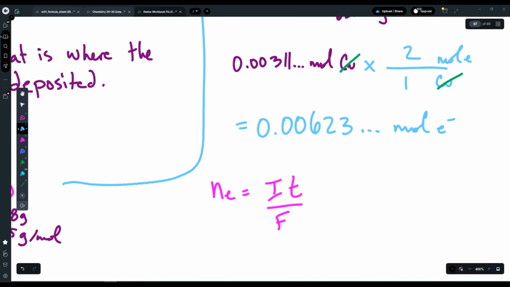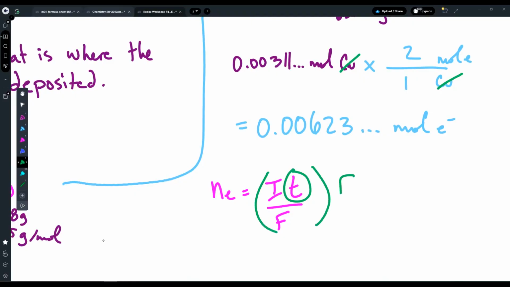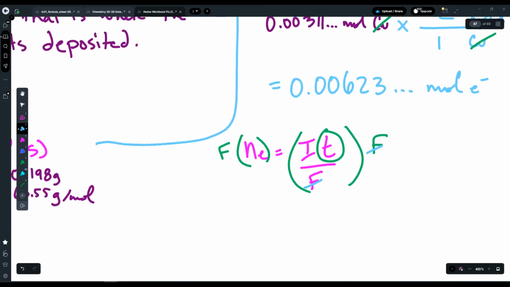So we want to isolate for time. I'm just arbitrarily going to get rid of Faraday's constant first. I'm going to move it over to the left-hand side. So I'm asking myself, what is Faraday's constant doing to time? Well, it's dividing, so I need to do the opposite, which is multiplying. So that cancels out.